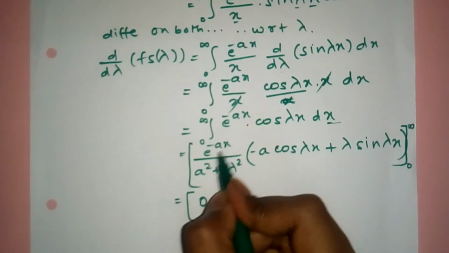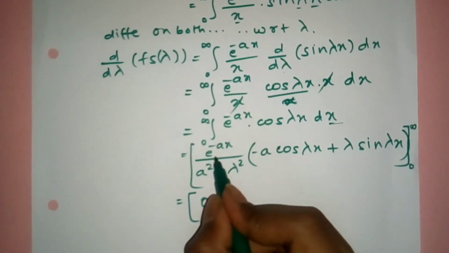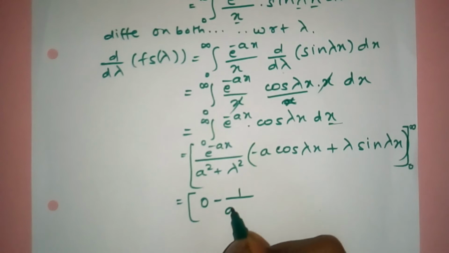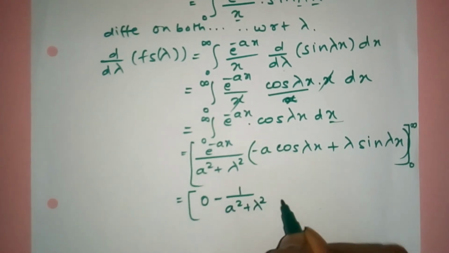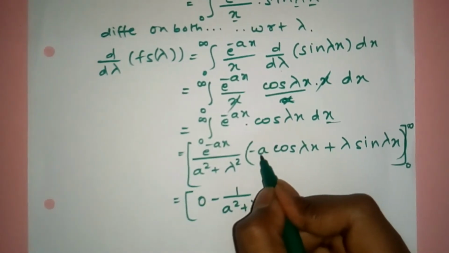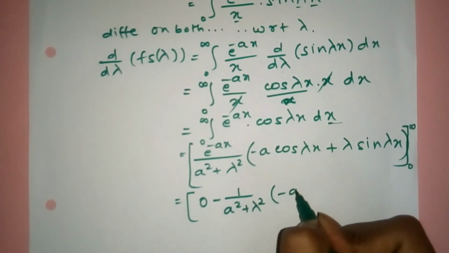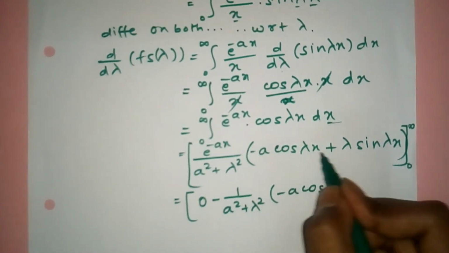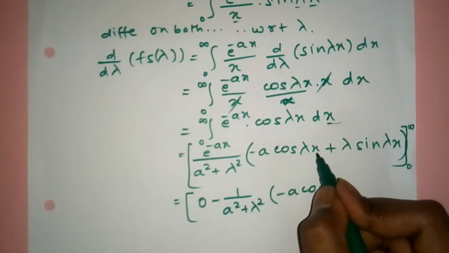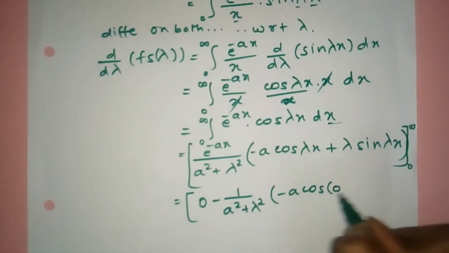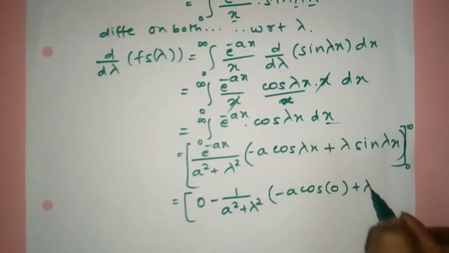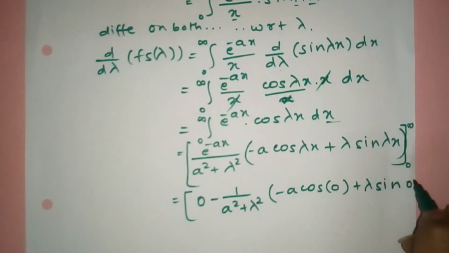Minus, now in place of x if we put 0, it becomes e raised to 0. E raised to 0 is 1, so 1 upon a square plus lambda square, again into minus a cos lambda x plus lambda sine lambda x. In place of x we put 0, 0 into lambda is 0, so cos 0 plus lambda sine 0.